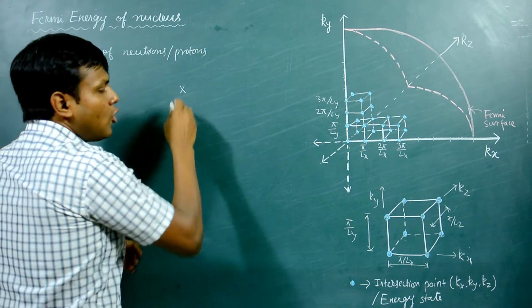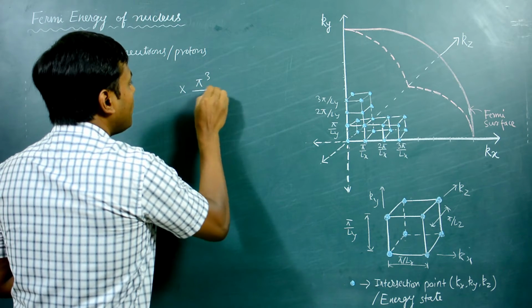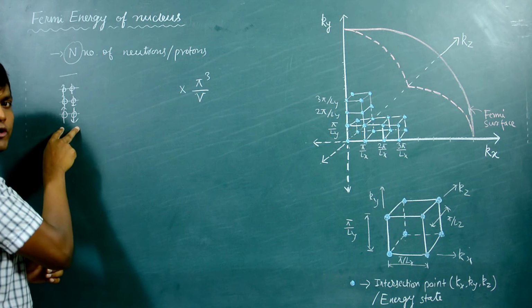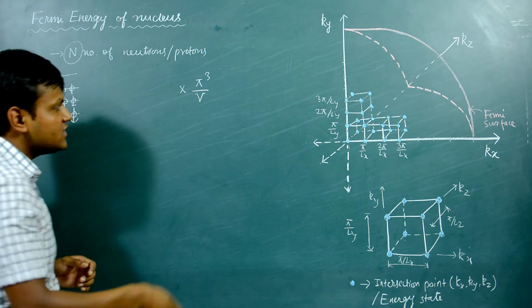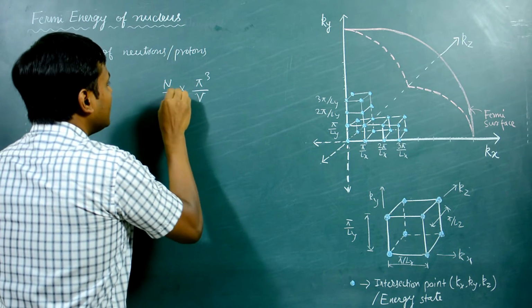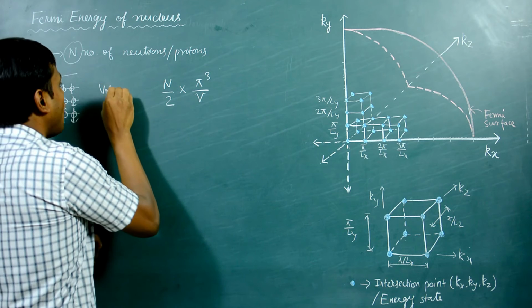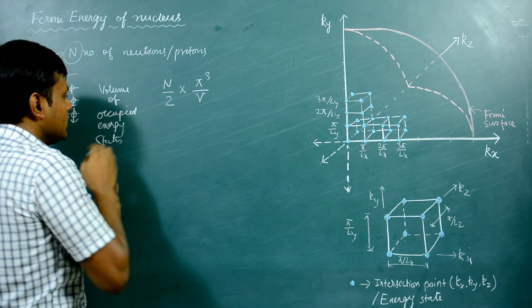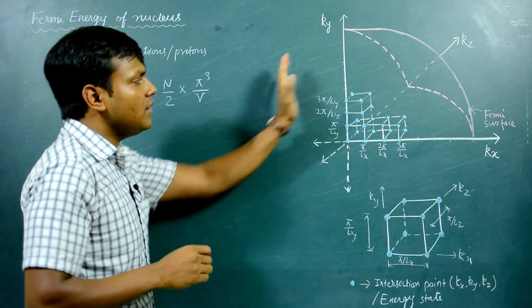The volume of one energy state is given by π³/V, and since there are n particles and 2 particles occupy one distinct energy state, there are going to be n/2 energy states. So we multiply by n/2, and this is the volume of occupied energy states in k space. So the volume of the occupied energy states in k space will be given by this.